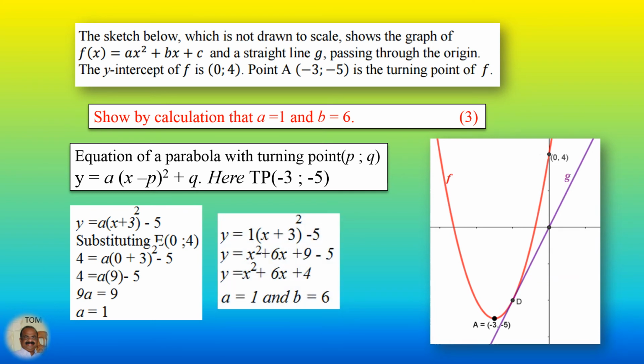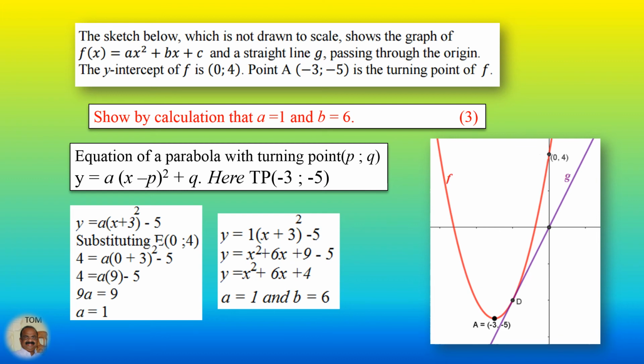Now we again use that value of a in our equation. We write y = 1(x + 3)² - 5. Expanding the bracket, we get x² + 6x + 9 - 5. Simplifying, we get y = x² + 6x + 4.